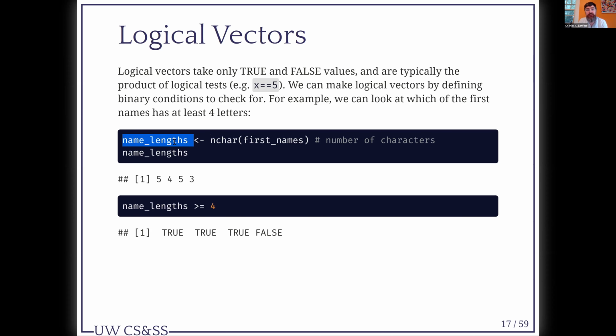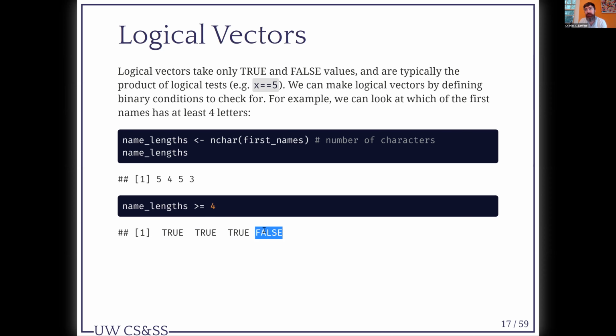I'm going to assign this to name lengths. So the names were 5 characters, 4 characters, 5 characters, and 3 long. I could then create a logical vector by saying name lengths greater than or equal to 4. Well, 5 is greater than or equal to 4, 4 is greater than or equal to 4, 5 is too, 3 is not. So this produces a true, true, true, and false.